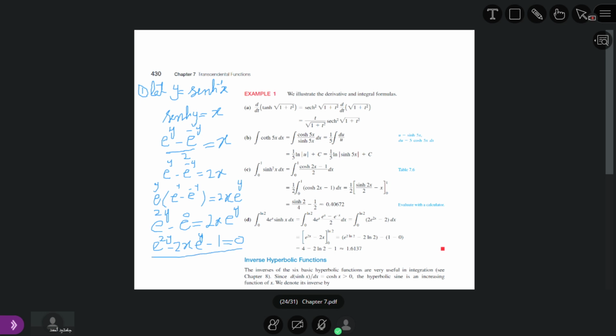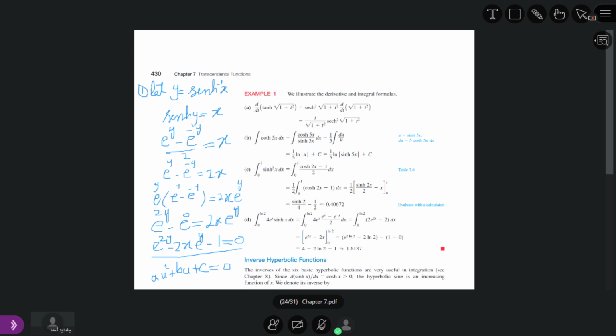If we have a u square plus b u plus c is equal to 0, this equation is called a quadratic equation.